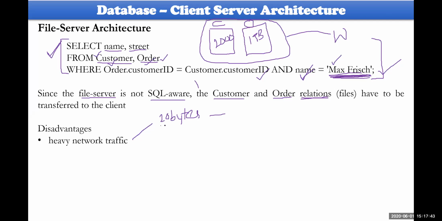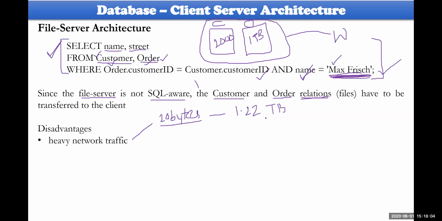You are expecting 20 bytes of data, but the file server is transmitting approximately 1.22 terabytes of data to the workstation.